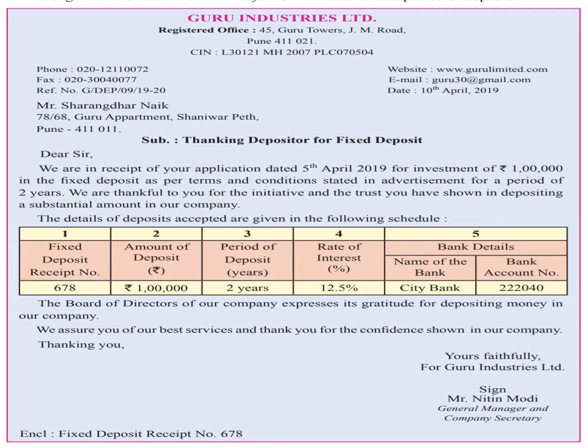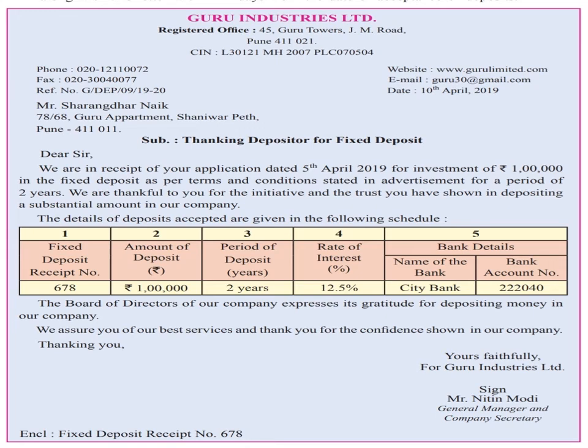The details of deposit accepted are given in the following schedule. So you can see, student, here the details of deposit have been mentioned. In the first box, the deposit receipt number is there, which is 678. And in the second box, the depositor, the person who has deposited the amount, is mentioned here.